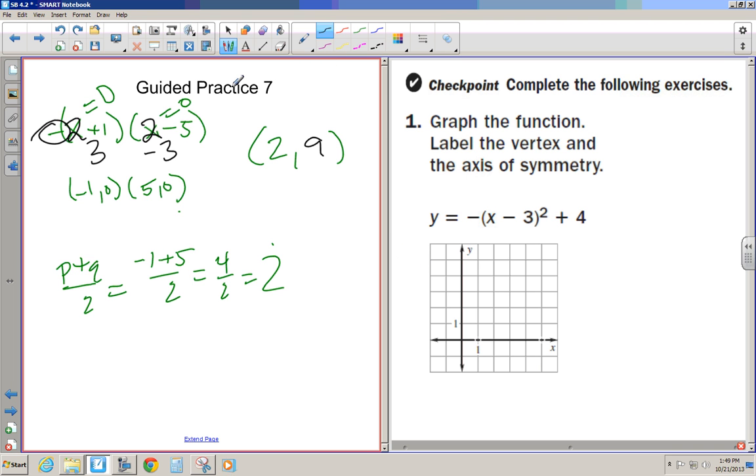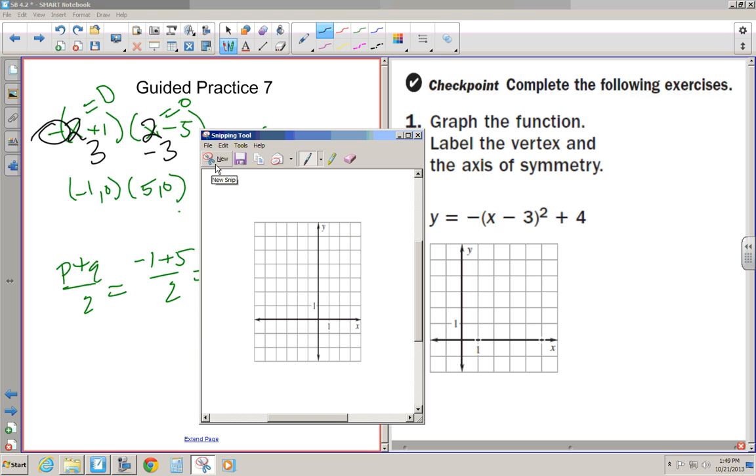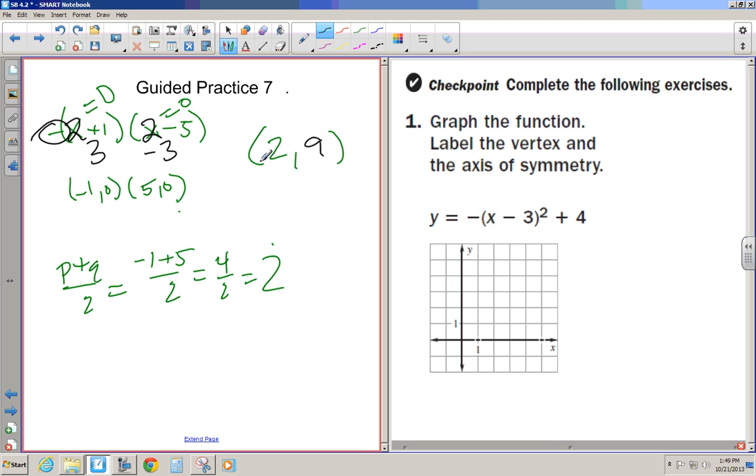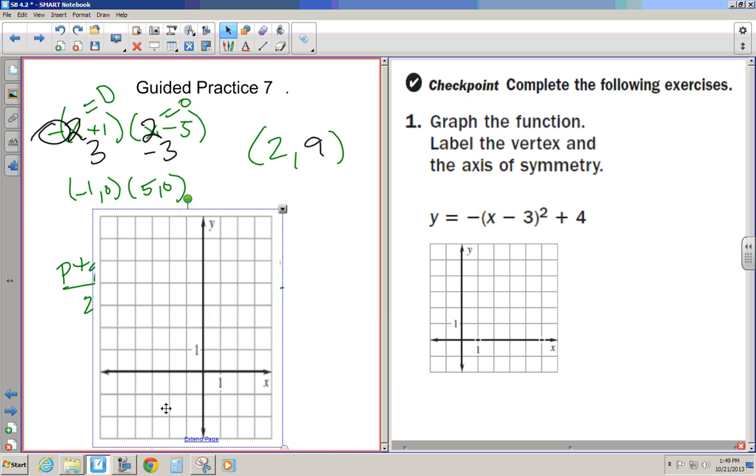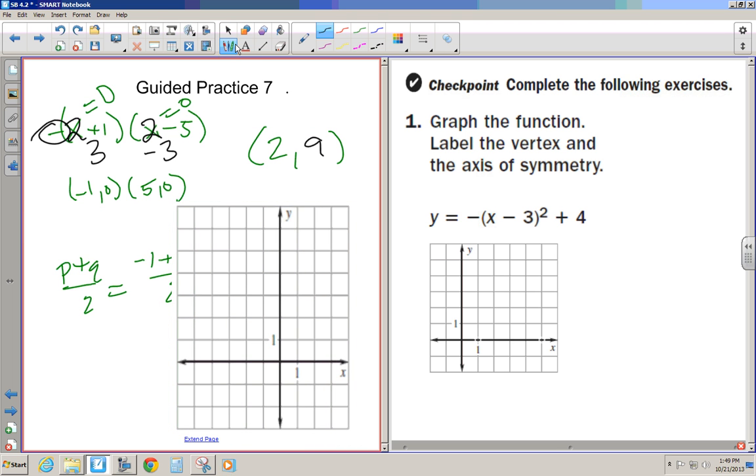All right. So we're going to go ahead and steal one of these coordinate planes. Oh, we'll use this one. All right, so my intercepts are at negative 1 and at 5, I mean. 1, 2, 3, 4, 5, right about here.